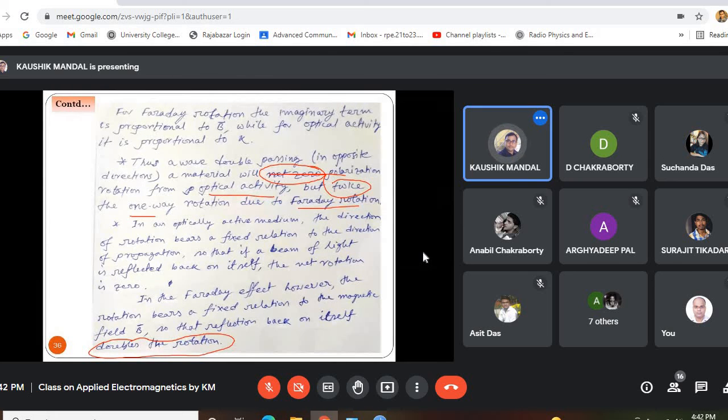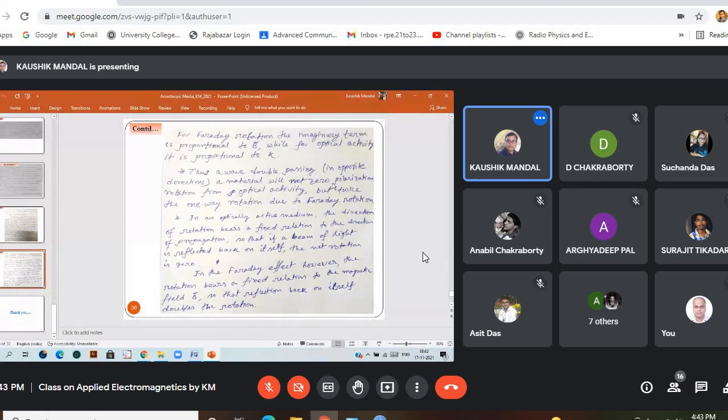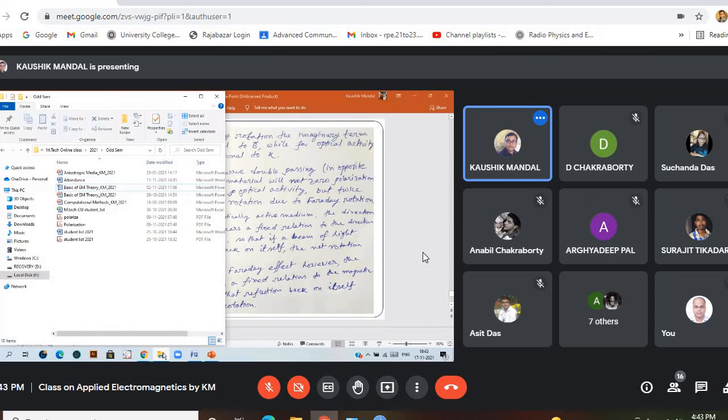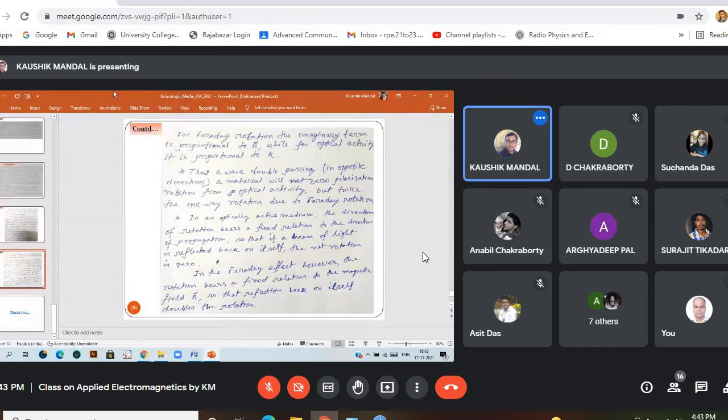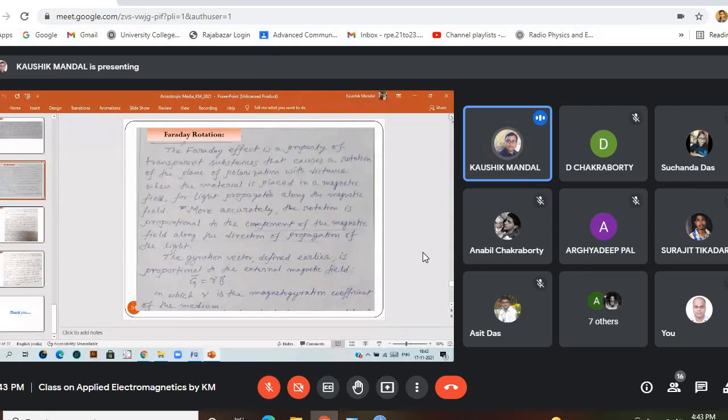From the next class, we will discuss the next module, that is computational methods, different types of computational methods: the method of moments, then the finite element method, and the finite difference method. I will share this presentation, or this particular note, with all of you at the end of this class.